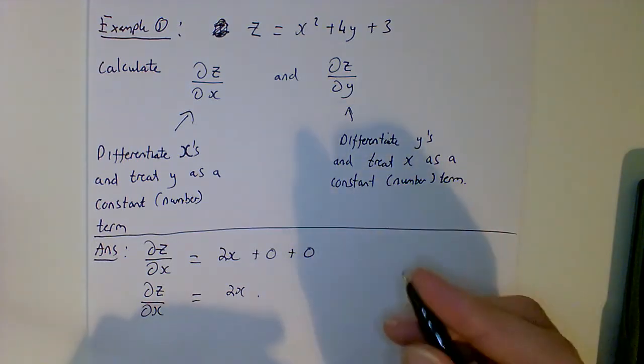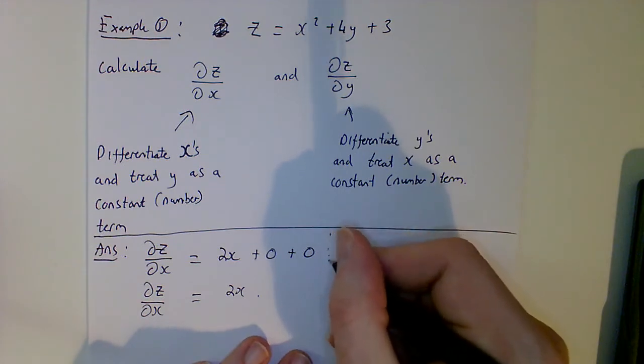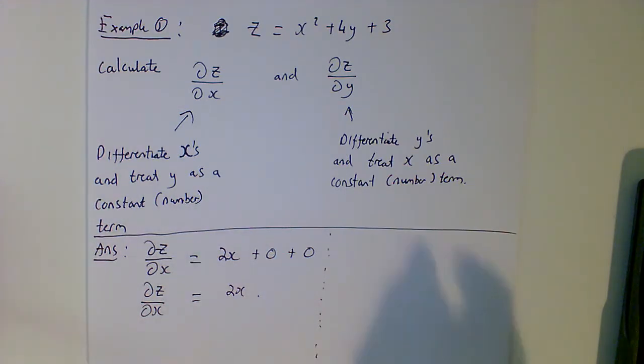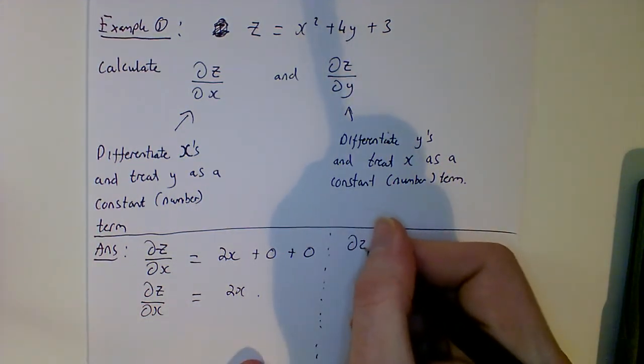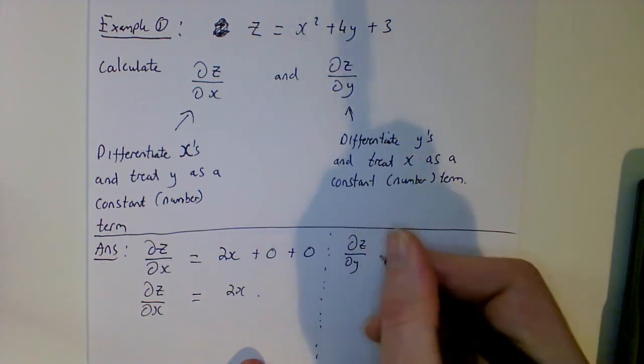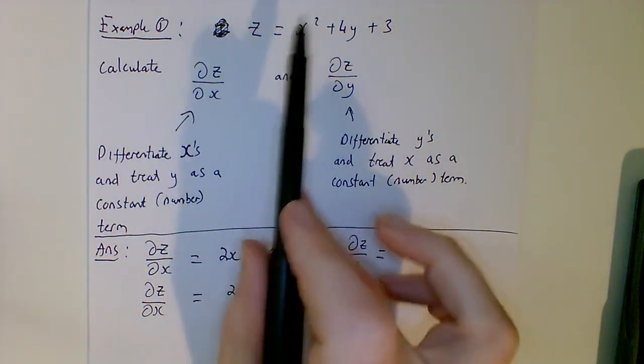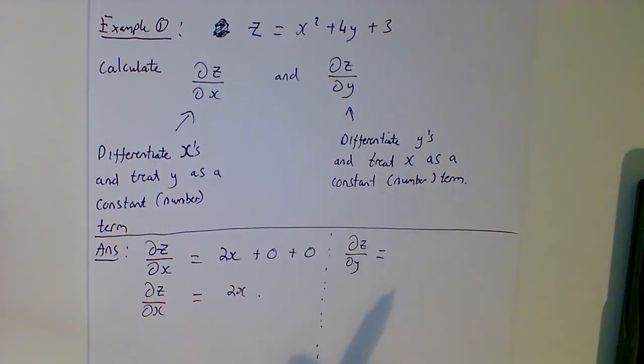Okay, so let's look at, I'll just split the pages down the middle here, make it easier for me to do both. Right, so let's look at partial dz by dy. Okay, so remember, if it's an x by itself in some way, it just becomes 0, because it's just a number, and we know if we differentiate a number, it becomes 0.